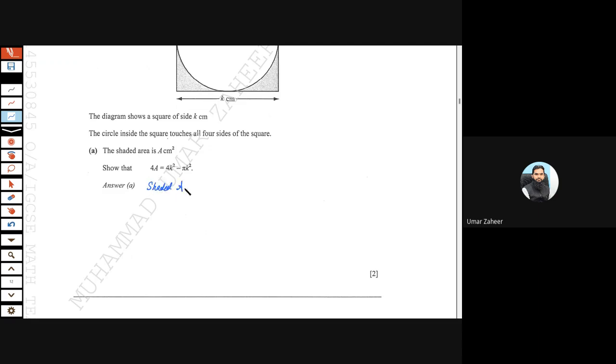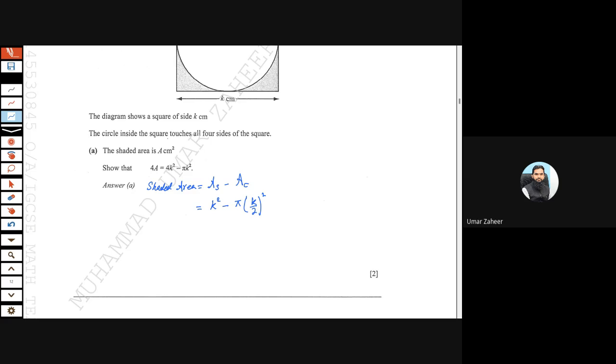Shaded area is equal to area of a square minus area of a circle. Area of a square means simply the length squared, k square, minus area of a circle, which is pi r square, and r is k by 2.